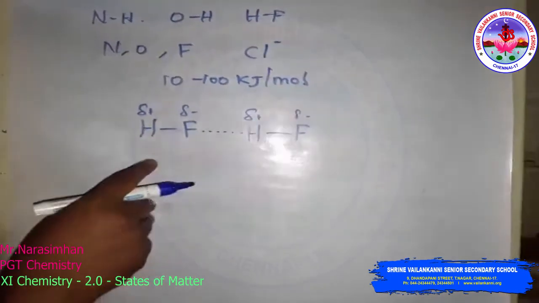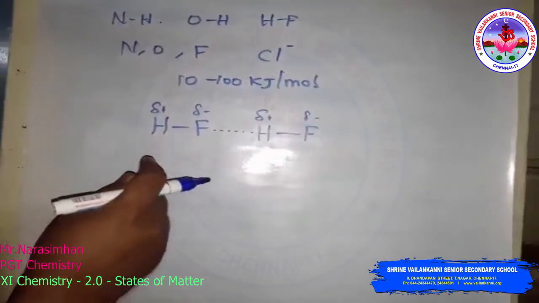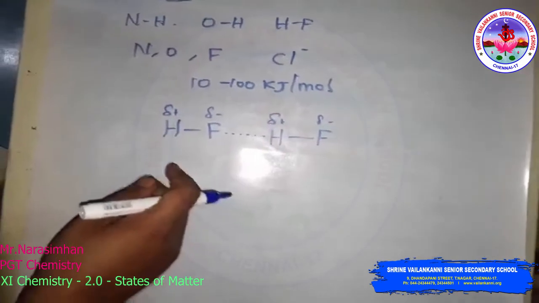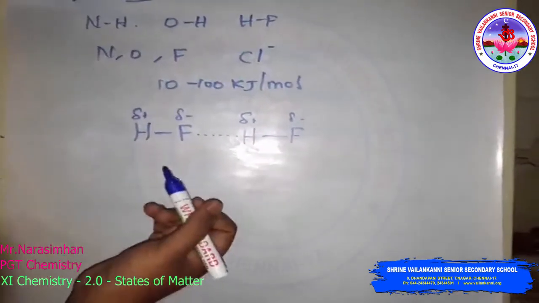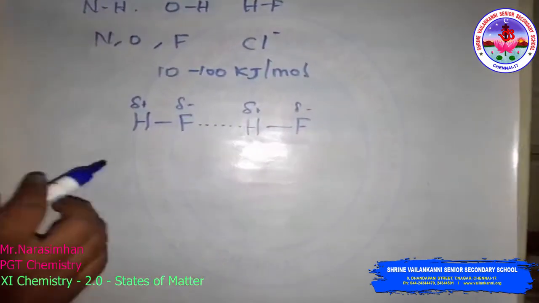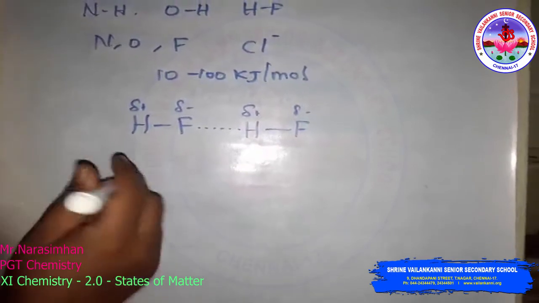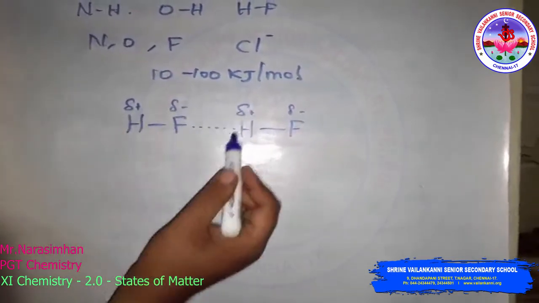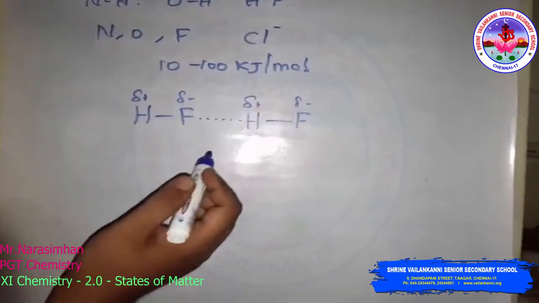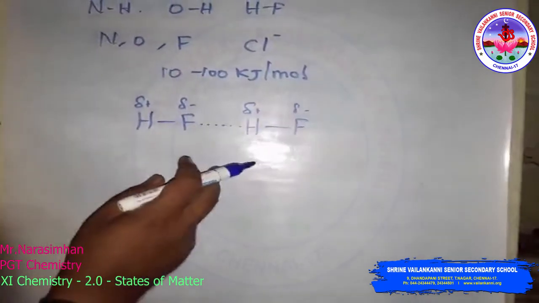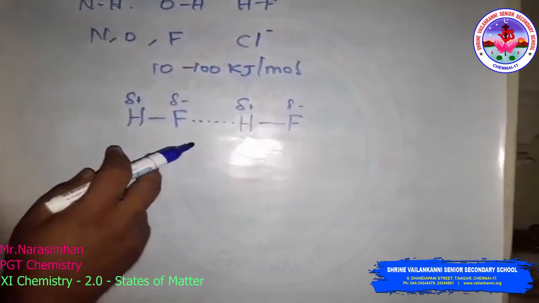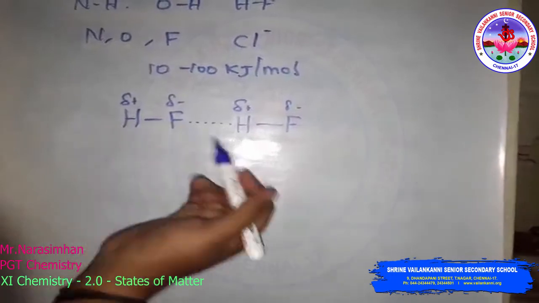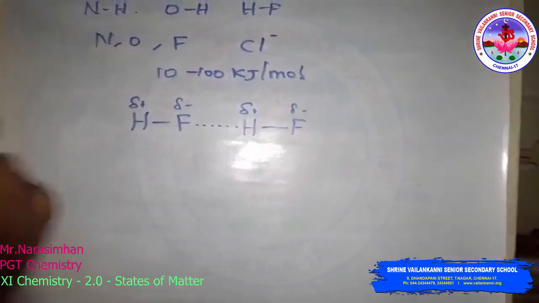Then intermolecular forces also include repulsive forces, which molecules exert on one another. When two molecules are brought into close contact with each other, the repulsion between the electron clouds and between the nuclei of the two molecules comes into play.